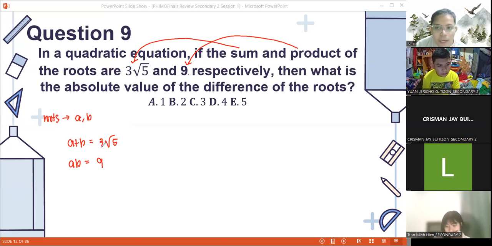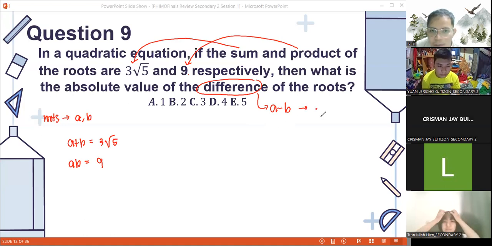So we're going to get a minus b, right? This part here is a minus b. To solve for this, take note this becomes minus from plus. We want the square root of a minus b squared, so that if you get the square root of a square, it's just a minus b.